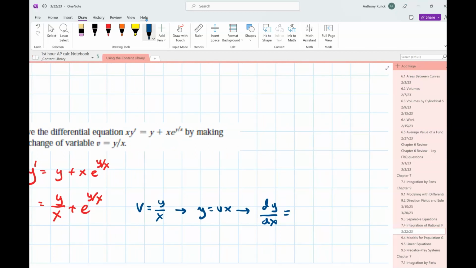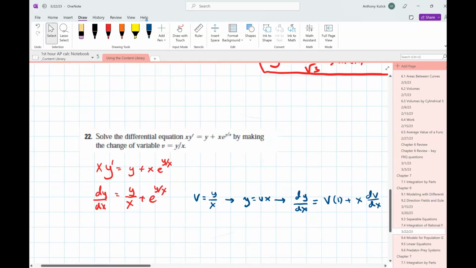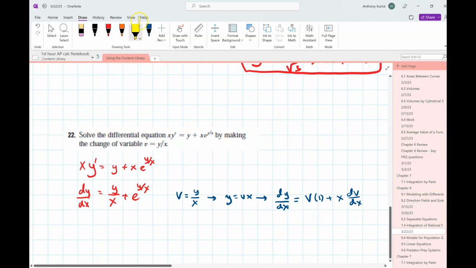So I have v, and then the derivative of x is just 1, plus x, and the derivative of v with respect to x gives me the differential dv dx. So if I take this piece, I can make a substitution here.